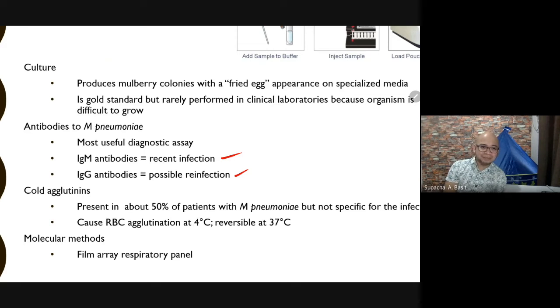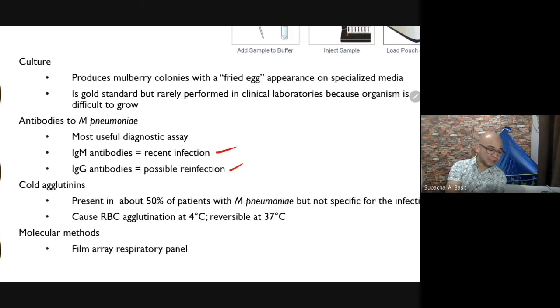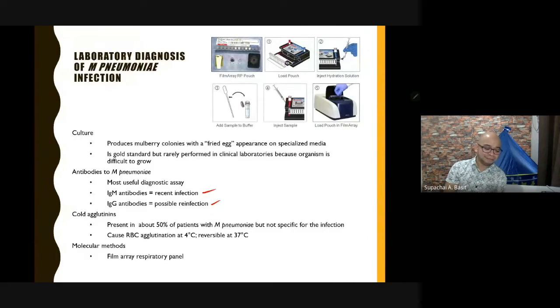Now, a majority of the patients with Mycoplasma pneumoniae will produce cold agglutinins, in about 50% of patients. However, the presence of cold agglutinins is not specific for infection with Mycoplasma pneumoniae. Cold agglutinins means that the RBCs will agglutinate when incubated at 4 degrees centigrade, but agglutination will disappear when incubated at 37 degrees centigrade.